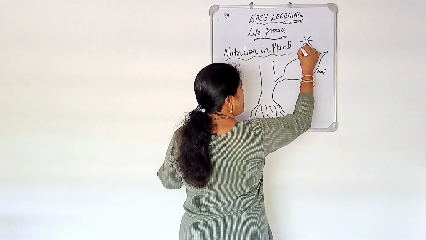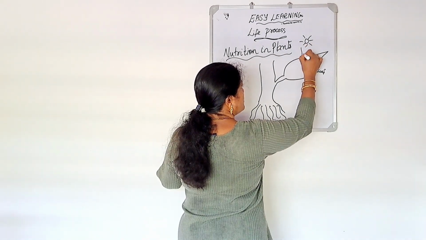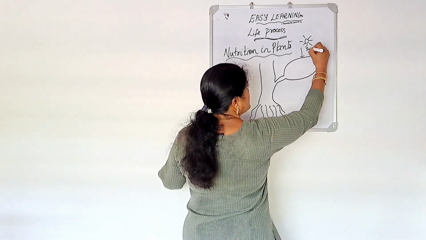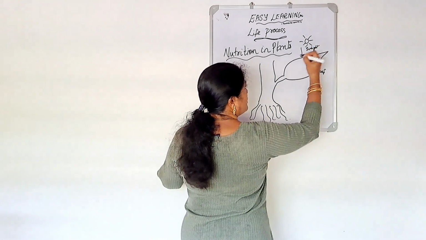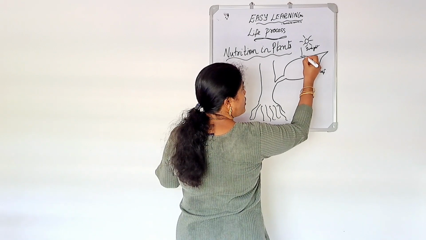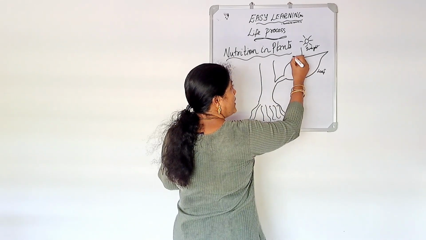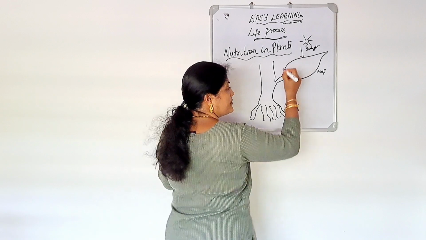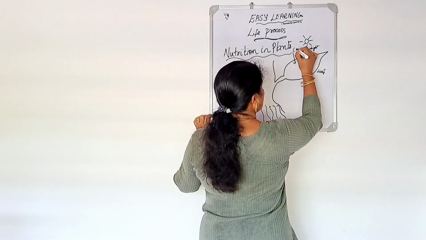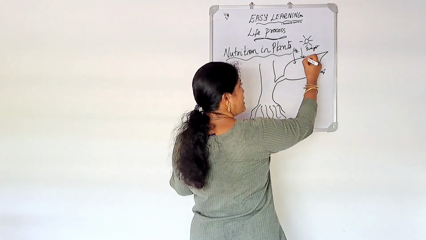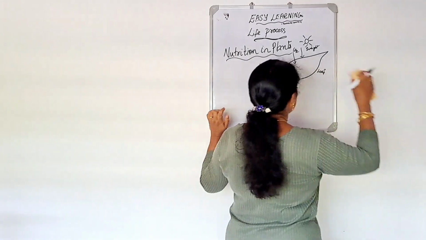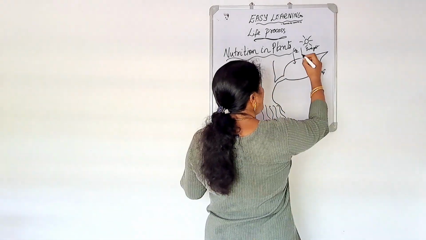From the sun, they are gaining what? Sunlight energy. And with the help of the sunlight energy, they are taking carbon dioxide. Carbon dioxide and sunlight energy, they are utilizing for the process of photosynthesis.